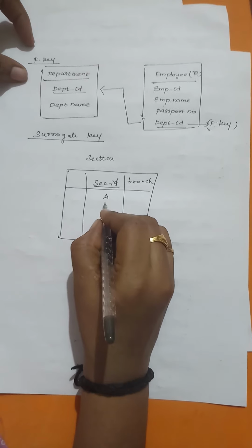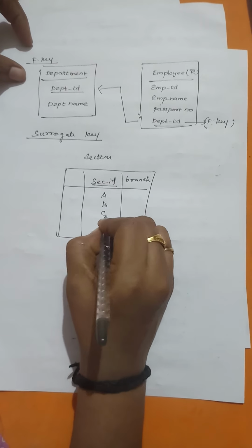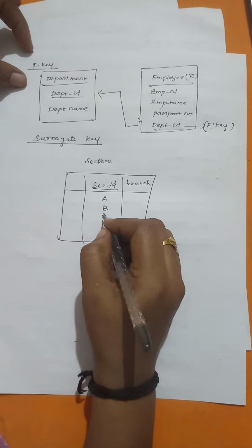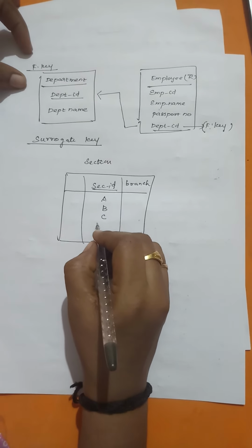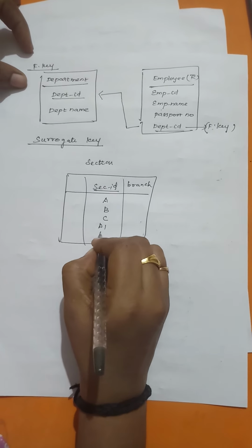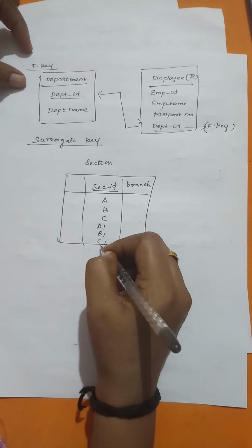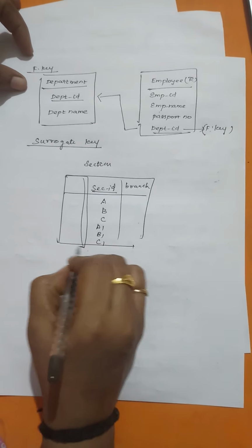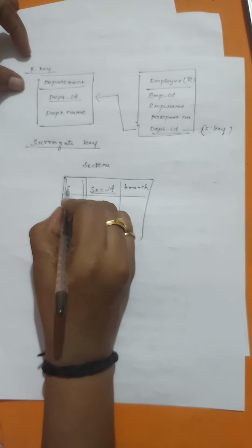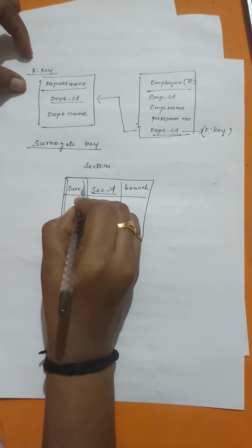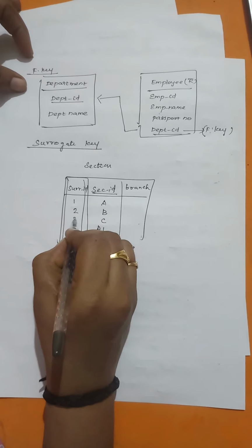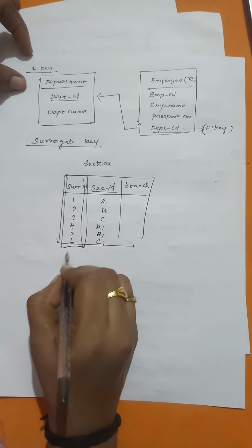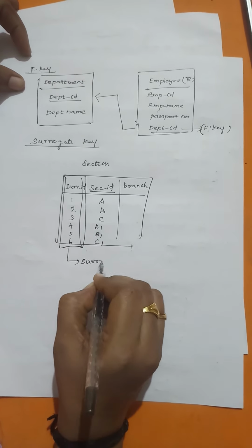The attributes are A, B, C. Based on the situation, the section ID name will be changed. So that is A1, B1, C1. Likewise, the name will be changed. At that time, one more index will be created based on the primary key, that is the surrogate ID. So for example, 1, 2, 3, 4, 5, 6. So this is called a surrogate key.